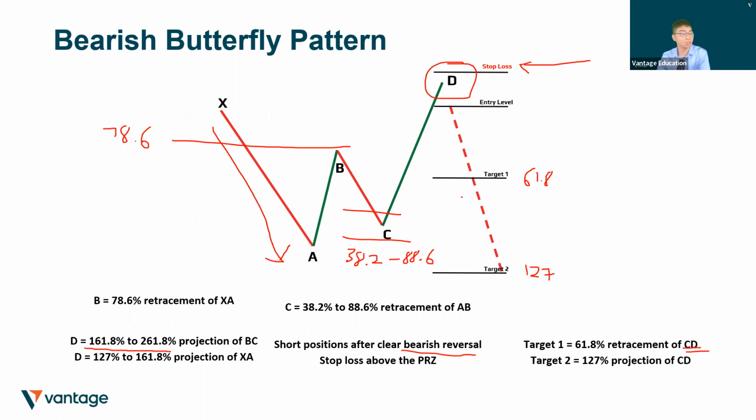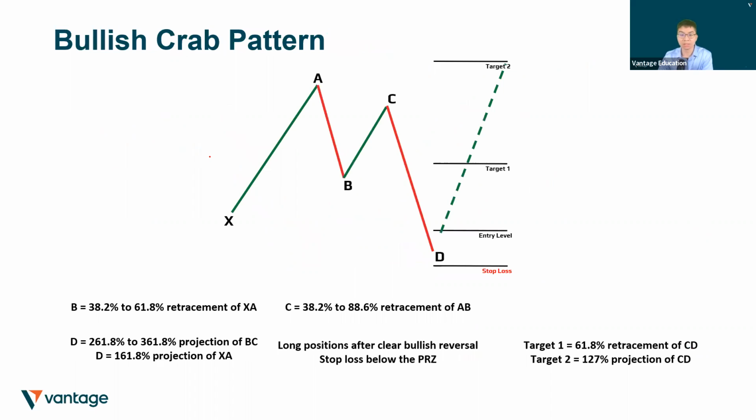Okay, let me continue. So this is actually a new pattern. The crab pattern is the most recent one in harmonic pattern. The crab pattern was discussed and released in 2001.